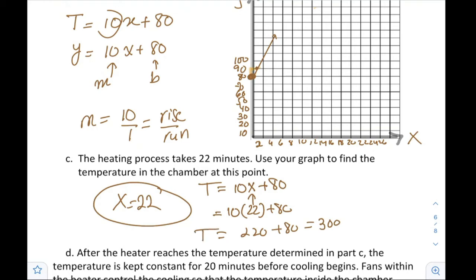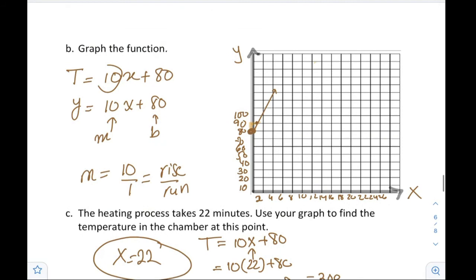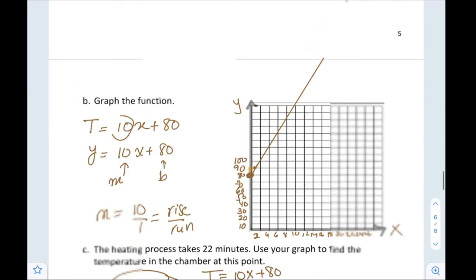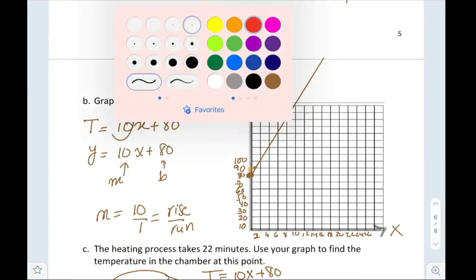Can I reach this conclusion by graph? Of course I can, but it will not be accurate, because it depends on how accurate you are. Usually, we extend this line forever. And we need to go to the 22 actually. This is the correct procedure.